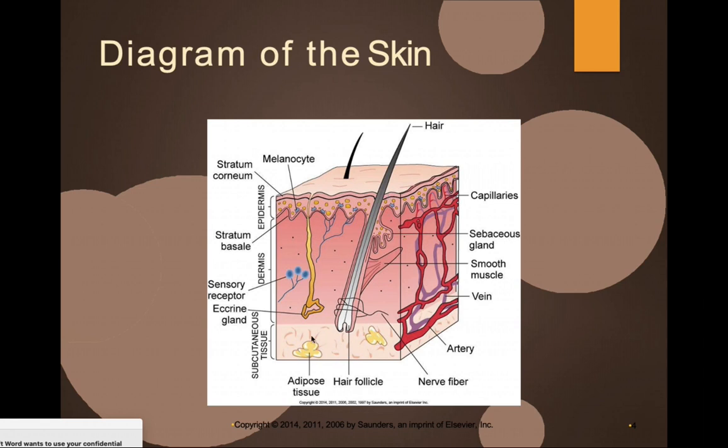All right, and then down at the bottom we have adipose and fat cells. This is where a lot of the subcutaneous injections do take place, down into the hypodermis area. A lot of the lesions or scratches may happen up here in the epidermis, in which case you won't see bleeding, right?